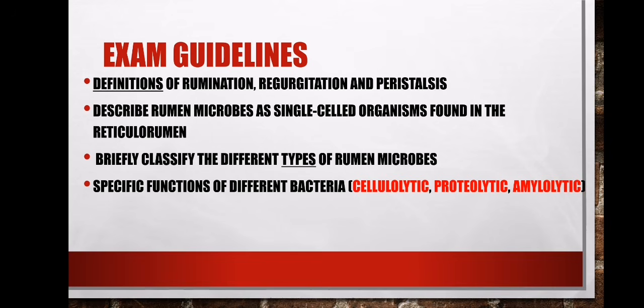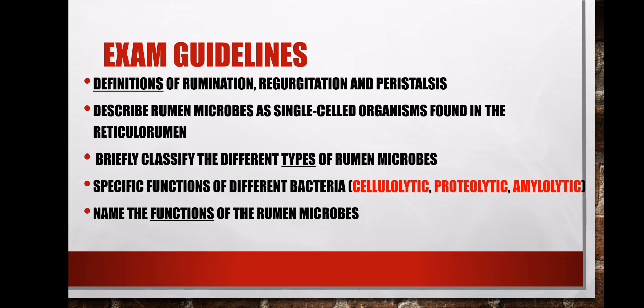We call them rumen bacteria, and we categorize them based on their function. We have this type of bacteria which is cellulolytic, and we will look at the function of cellulolytic, the function of proteolytic, and the function of amylolytic. So the names given to these rumen bacteria are based on their functions. We will look at this as we move along.